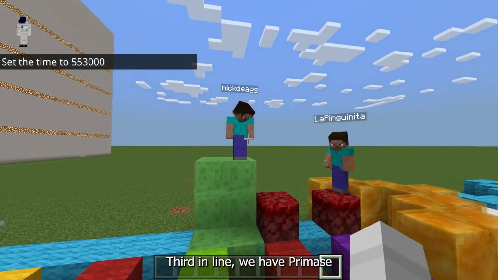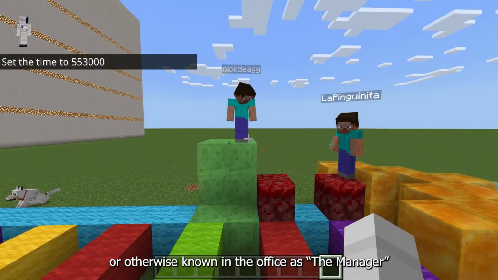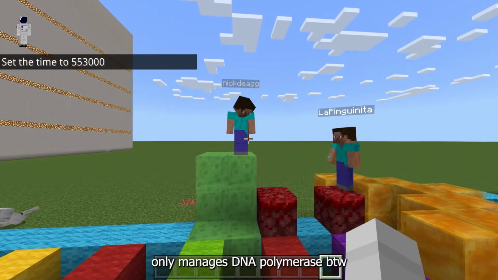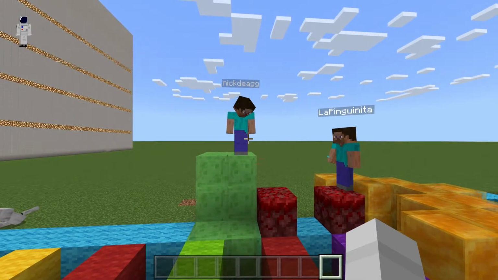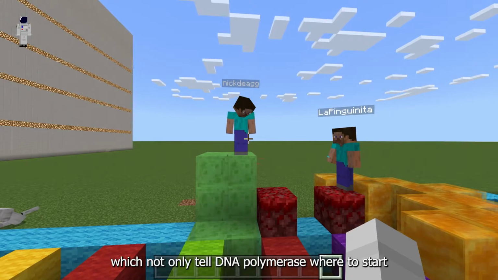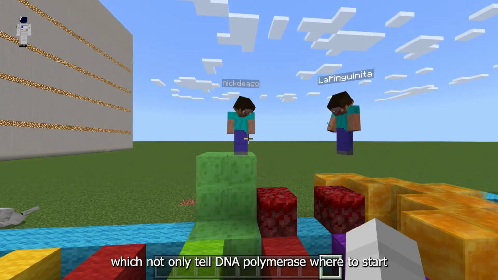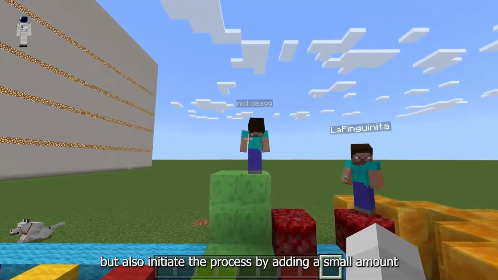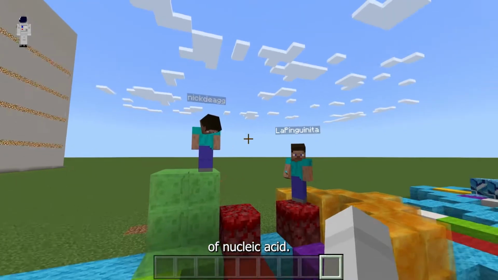Third in line we have primase, otherwise known in the office as the manager. And it only manages DNA polymerase, by the way. The function of primase is to create RNA primers, which not only tell DNA polymerase where to start adding nucleotides, but also initiate the process by adding a small amount of nucleic acid.